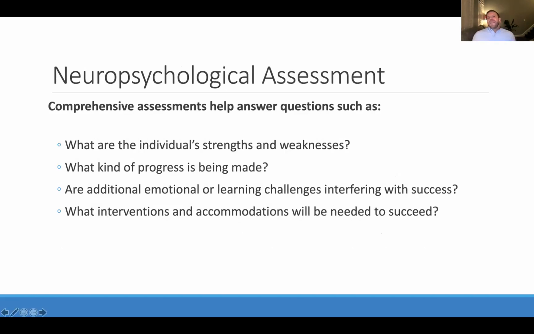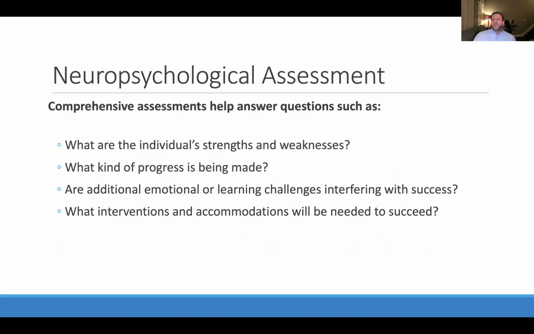So broadly speaking, what a neuropsychological evaluation should do is answer a number of key questions. It should tell us where an individual's strengths and weaknesses are with regard to all of those areas of learning, and we're going to review those. It should also tell us what kind of progress is being made, and that may be progress toward grade level expectations. It might also be progress relative to previous evaluations that a student's had.